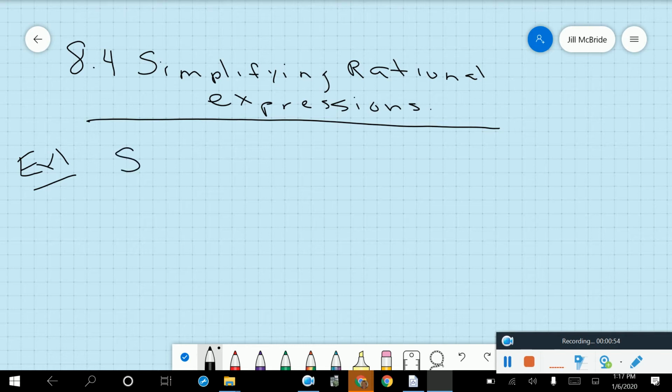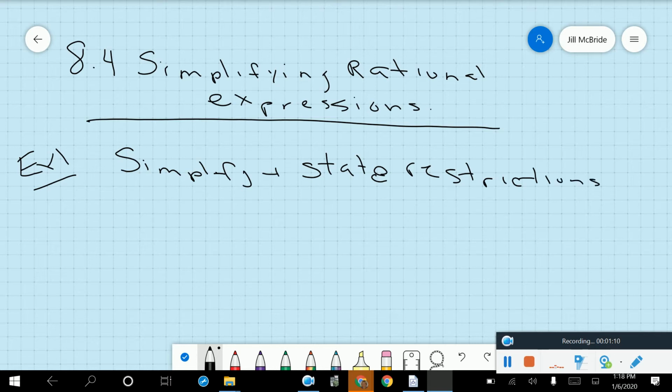We're going to simplify, and we're going to state restrictions on the variable. All right, trying to write neat on here.